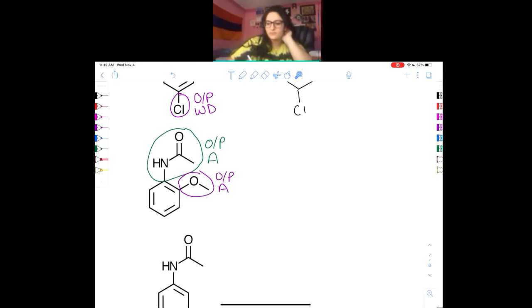Okay? All right, so the purple one will direct ortho and para. As we can see, the other ortho position is already taken. So the benzene rings get worse and worse. It takes everything inside me not to redraw it, but it's whatever.